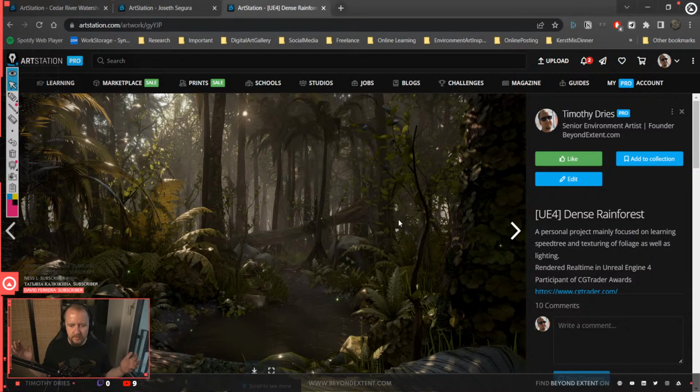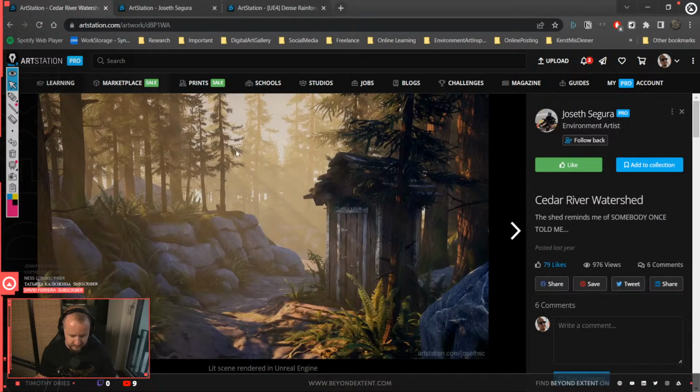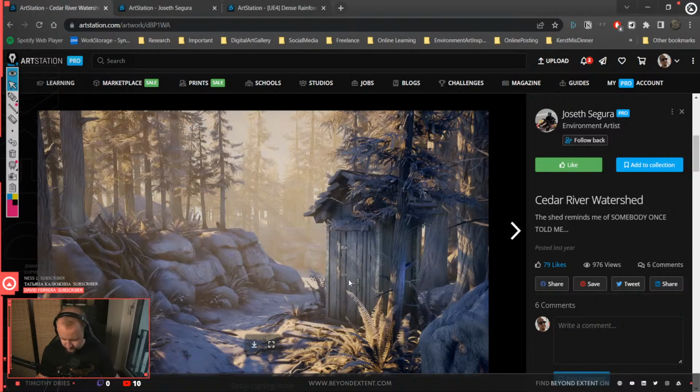Imagine if there was a story happening here, this would have been so much better than it is currently. Right now, it's more about the technicality than the actual storytelling of it. But if someone's building a forest encampment or something like that, it adds an extra layer on top of it that's going to make you stand out. So think about that in the future.